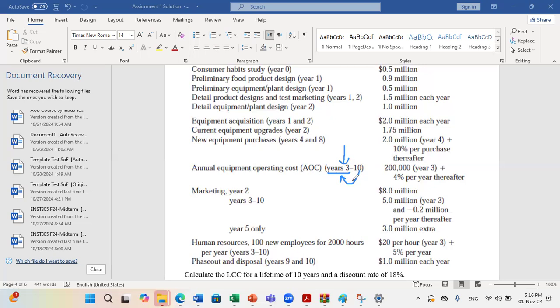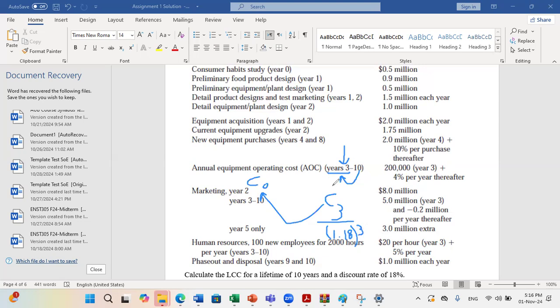Once I do this, if I have a total cost at year 3, I can easily take it back to year 0, because I just have to divide this cost at year 3 by (1 + A), the discount rate, which is 1.18, to the power 3.